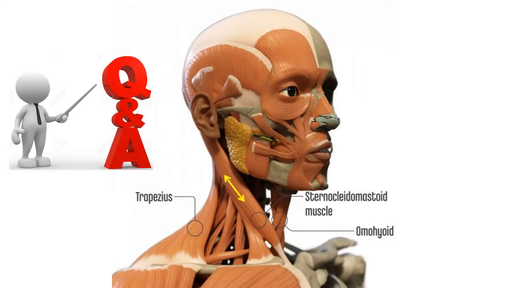What is this muscle which is coming from the sternum, the manubrium of the sternum, the medial 1/3 of the clavicle, and it goes up and obliquely towards the mastoid process? These are the data about this muscle.